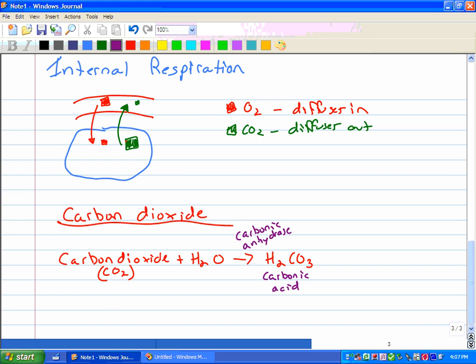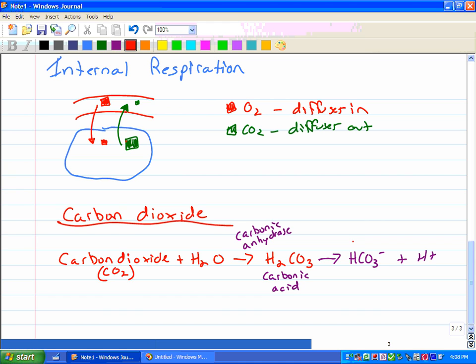Carbon, CO2, hydrase, H2O. And this is just a quick little intermediate. It doesn't stay as carbonic acid very long. It changes right away to a new thing, which is HCO3 minus and H plus.